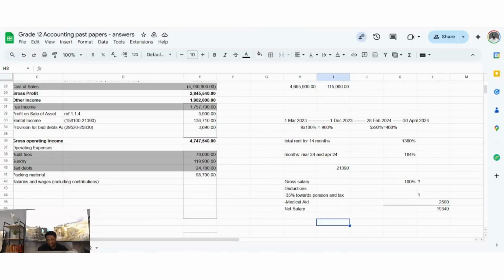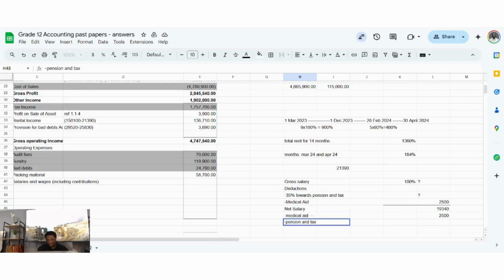And then let's work out our net salary. And then let's reverse the medical aid, because basically we're trying to get to the gross salary. So we need to reverse the medical aid, right? Because we deducted it. So to reverse it, it's 2.5. The other thing we would want to reverse is pension and tax.